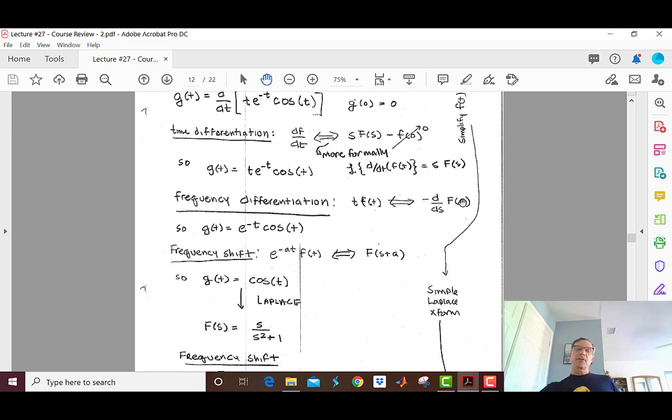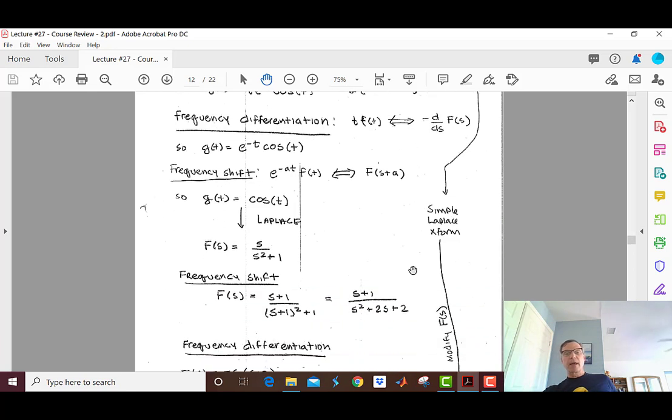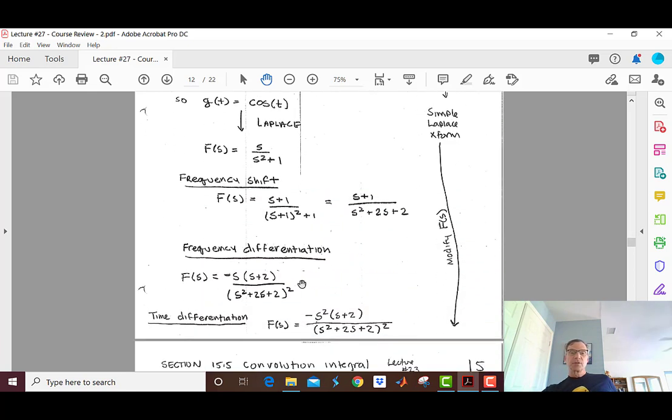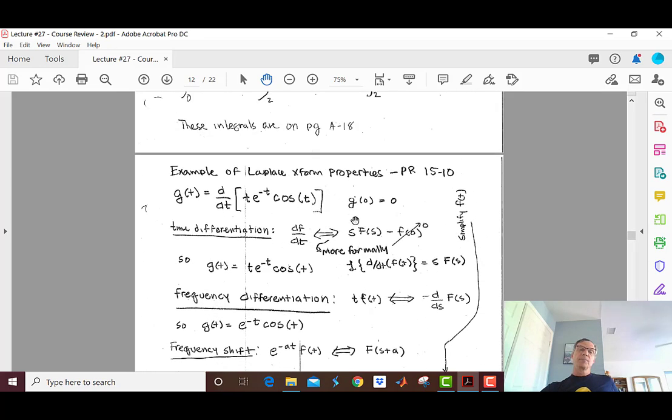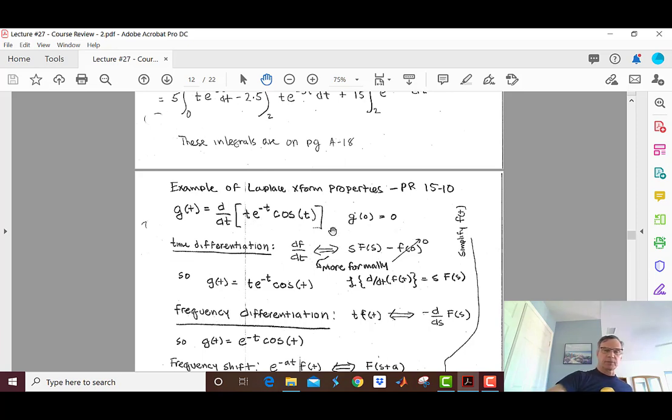So now the final thing I need to do is handle that derivative up here, and for that, I just multiply my Laplace transform by s. So what that means is I'll just make this an s squared. And now I have my Laplace transform of the entire time domain function.